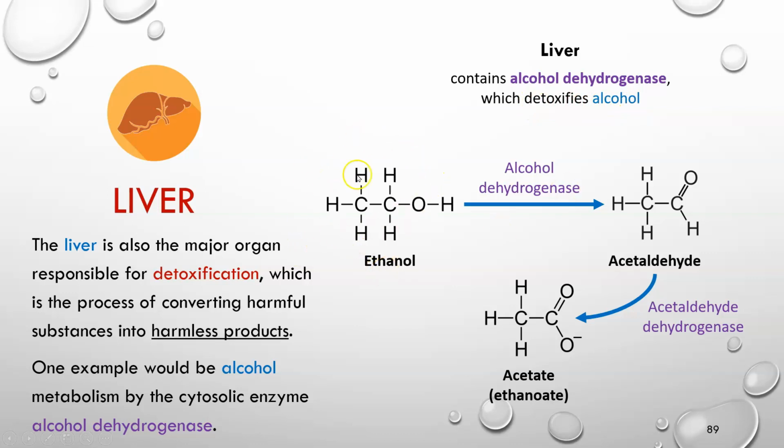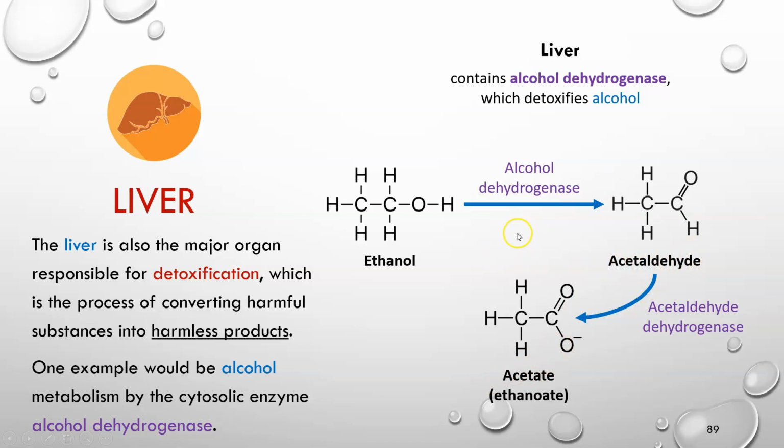Alcohol is called ethanol in this chemical form, and this is toxic to our body. If you have too much of this in our body, it's bad for us. So our body is able to convert it into other forms which are not toxic. Okay, so this is called acetaldehyde, acetate.